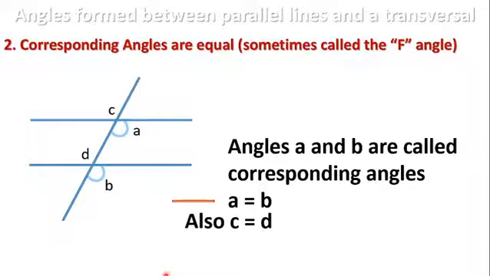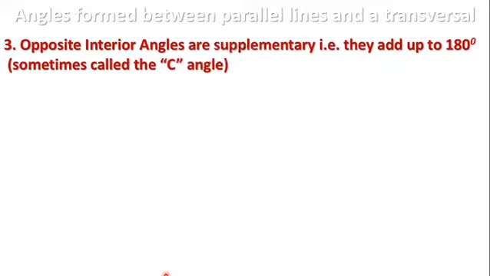Okay, the third kind of angle that is formed between parallel lines and a transversal is what we call the opposite interior angles. And these opposite interior angles are supplementary. Supplementary means that they add up to give you 180 degrees. That when you add these opposite interior angles together, you get 180 degrees.